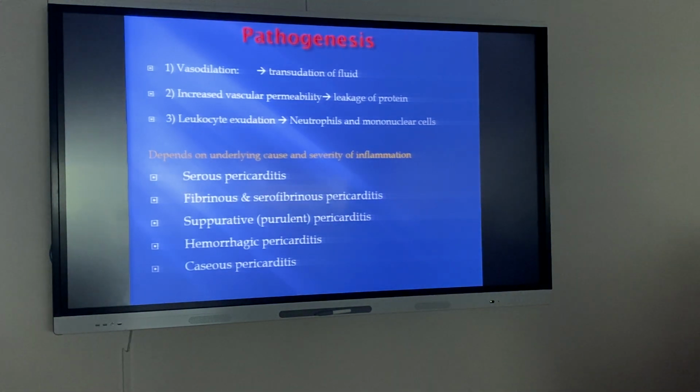And caseous necrosis is usually seen in tuberculosis. Sometimes you also see fungus, but the majority, unless proven otherwise, it is tuberculosis. If you see caseation, what will you say?